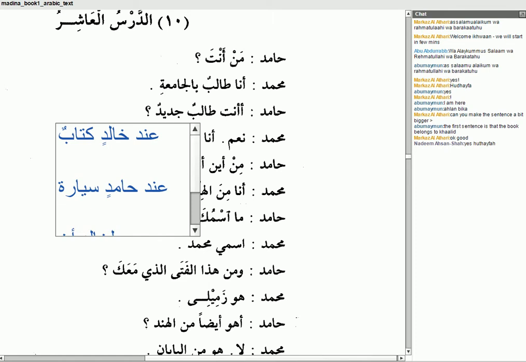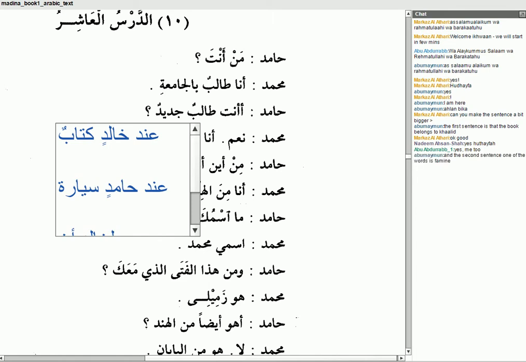So one of them, as Abu Maymun mentioned, is that the first sentence talks about a book belonging to Khalid. I mean, that's like a direct translation of the sentence. I don't know why, guys.